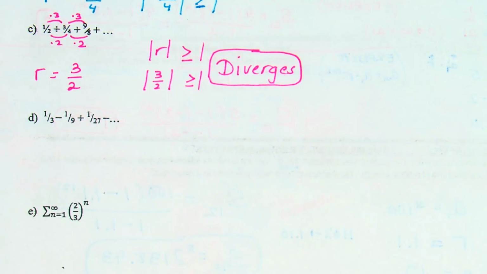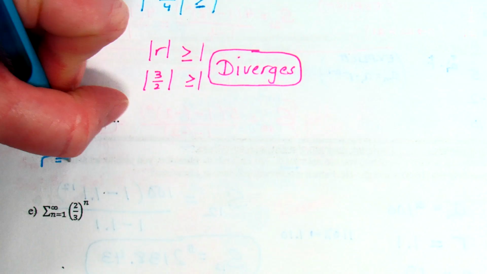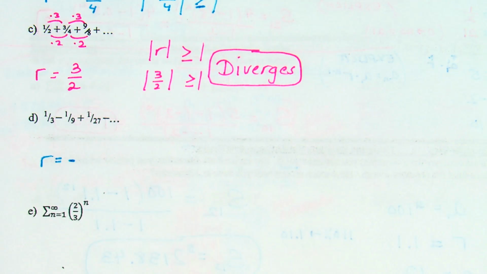My numerator is all ones. How do you multiply from 1 to 1 to 1? You're multiplying by 1. My denominators, 3, 9, 27. What are we doing with the denominator? Multiplying by 3. So, put it all together. What am I multiplying by? Negative 1/3? Does that make sense?